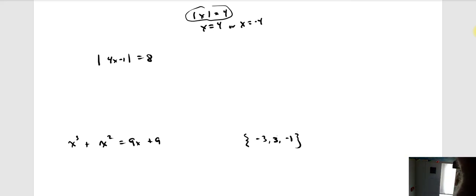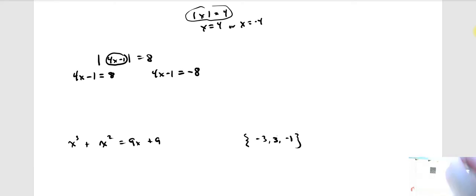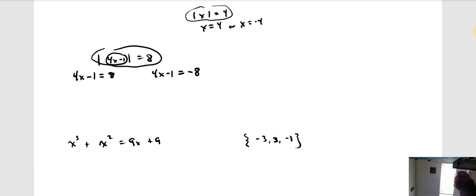So when we take a look at this one right here, absolute value of 4x minus 1 equals 8, it has the following possibilities. 4x minus 1 might equal 8, or 4x minus 1 could equal -8. Either of those yields a true statement here. And now we'll just solve for x. So this one is going to be 4x equals 9.